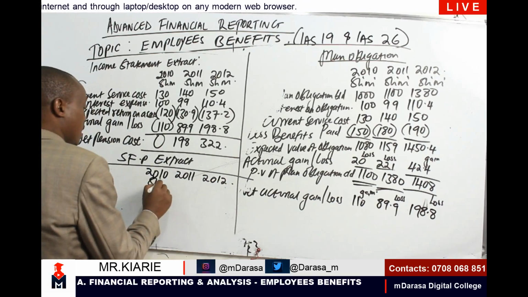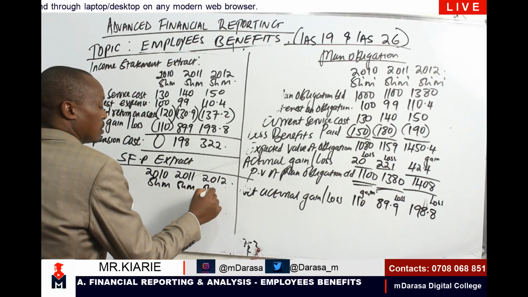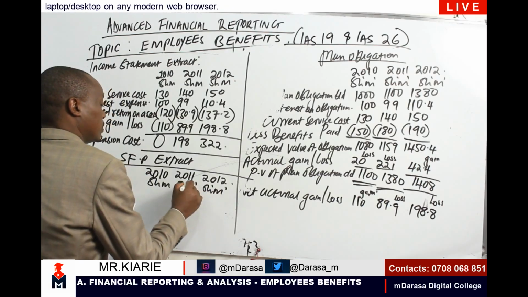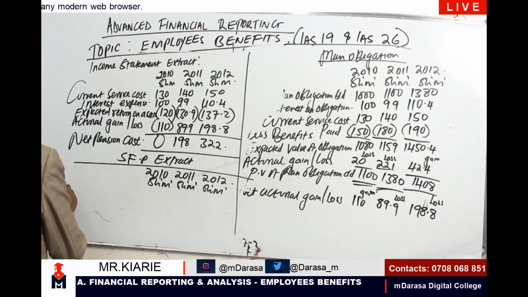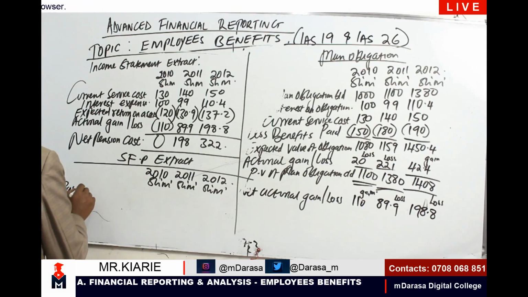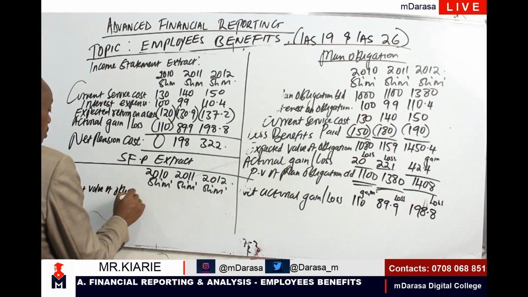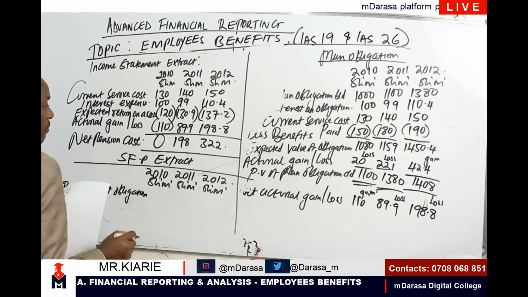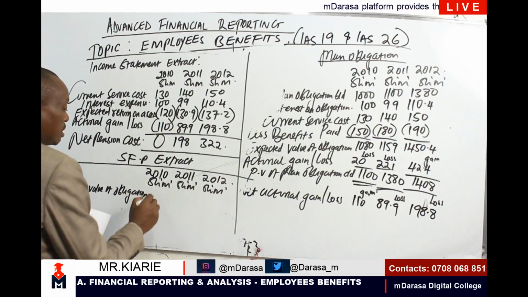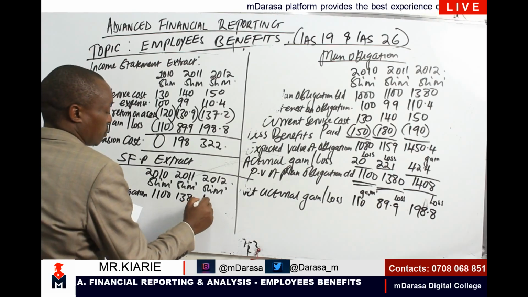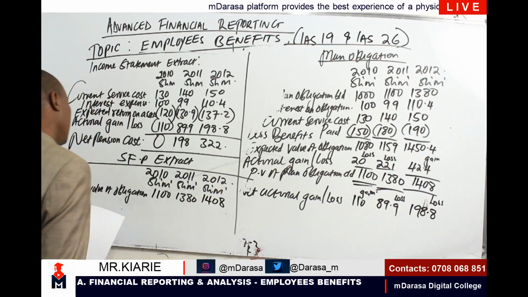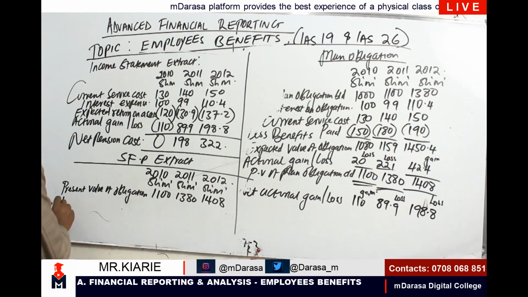Our figures are in millions. Present value of plan obligation. The figures were 1100, 1380, and 1408 respectively.